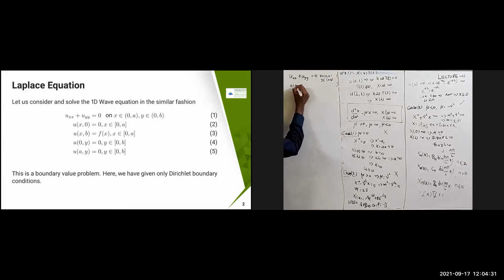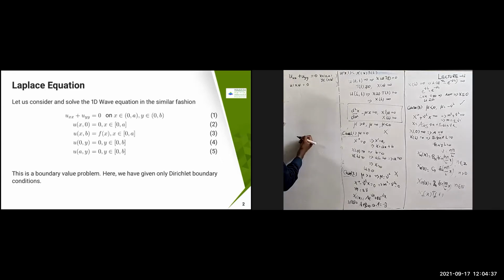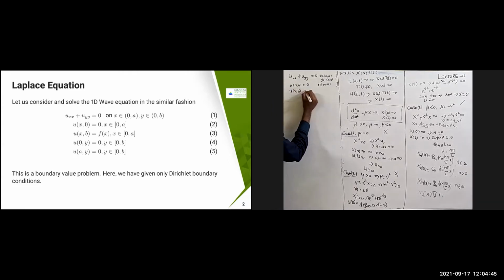So u(x, 0) = 0, where x belongs to [0, a], and u(x, b) = f(x), some function, where x again belongs to [0, a].